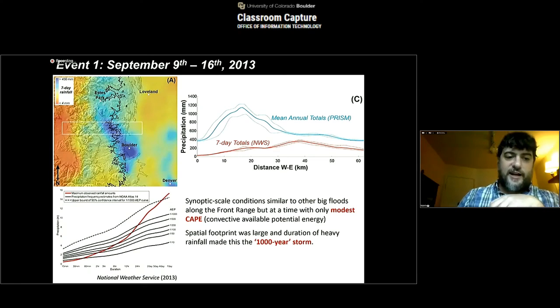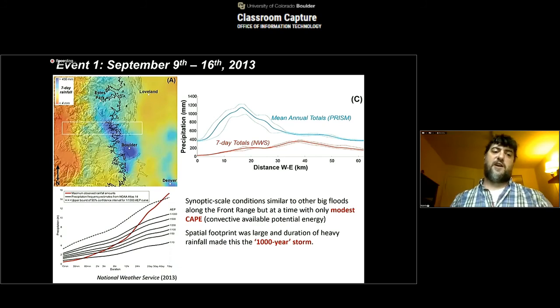Another way to look at that, and this is another way to look at exceedance probability that the National Weather Service spits out. They have their own estimates of exceedance probabilities, and they plot up these contours of annual exceedance probability. So that's what you're looking at on this plot from the National Weather Service. They pick an interval averaging timescale, just like I was talking about with the daily event, which is shown as a 24-hour event here.